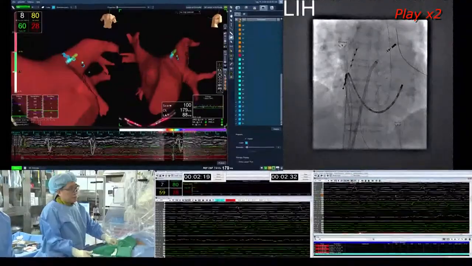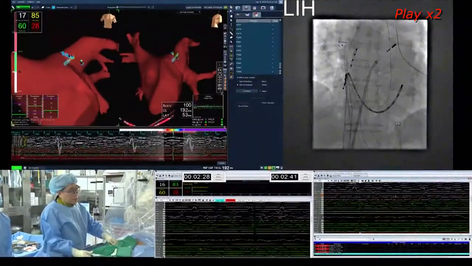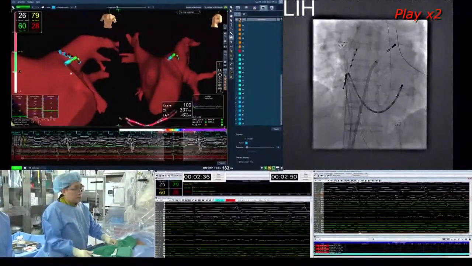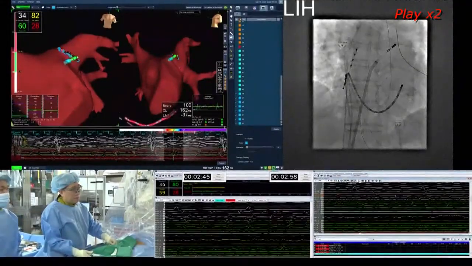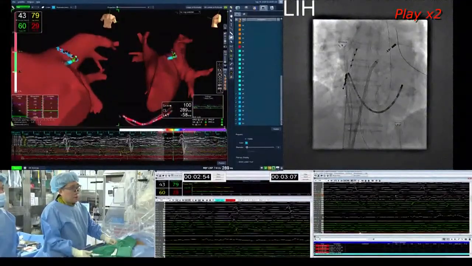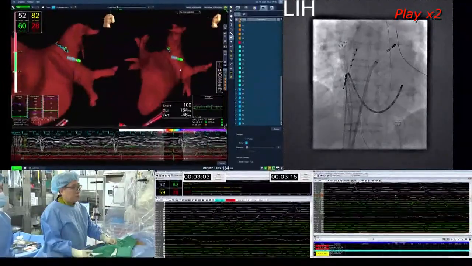Even though we cannot believe the tip temperature when using an irrigated tip ablation catheter, to some degree the temperature reflects the tip temperature when I use the flexibility catheter. It is my favorite catheter to ablate.